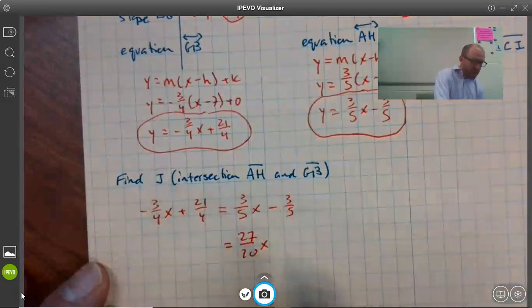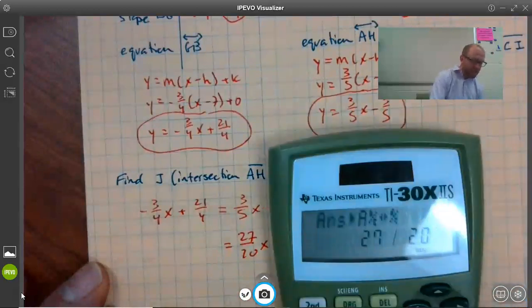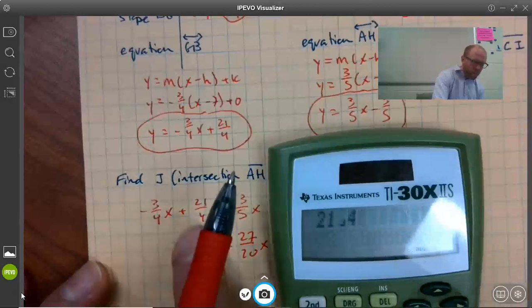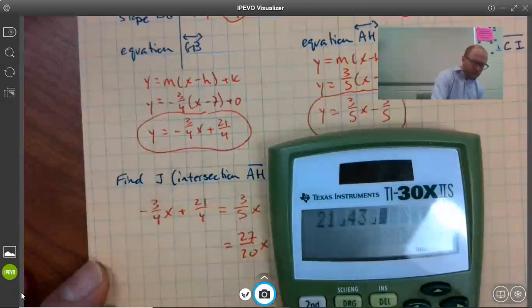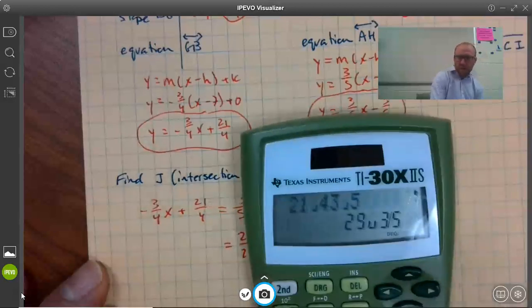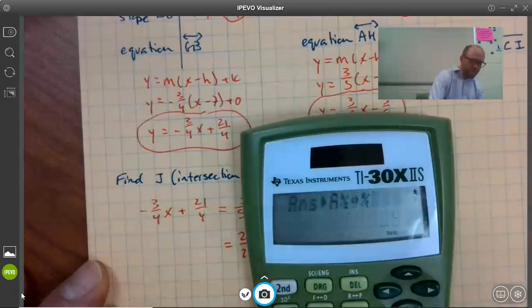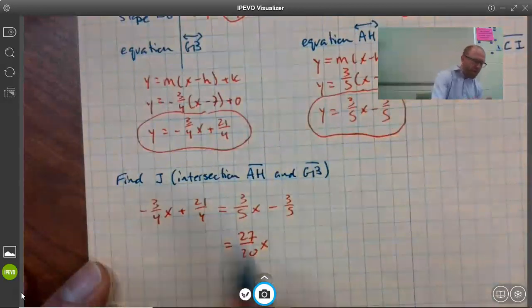We're going to add 3/5 to each side. So 21/4 plus 3/5 gives us 29 3/5, which is 148/5.